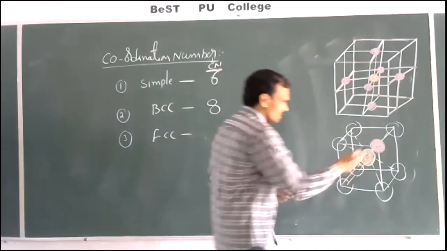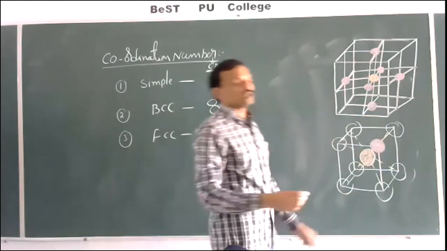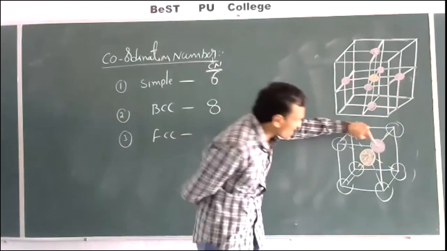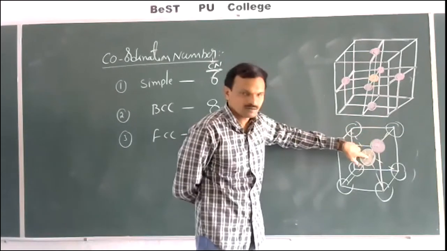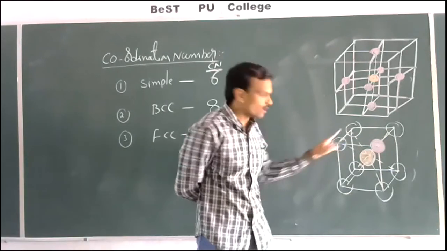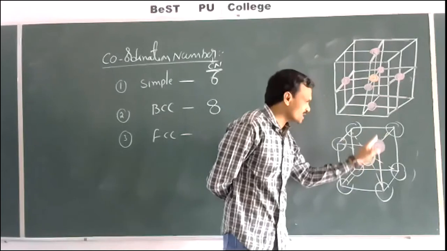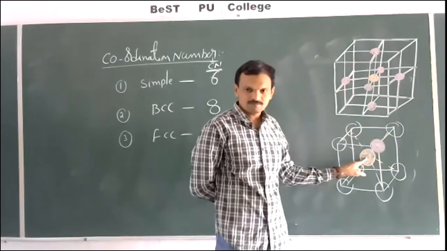Okay. Now, this particle is surrounded by how many particles? Now, this corner particle is in contact with this body center particle only. It may or may not be in contact with these 2 particles. So now, this corner particle is in contact with the body center of this unit cell.